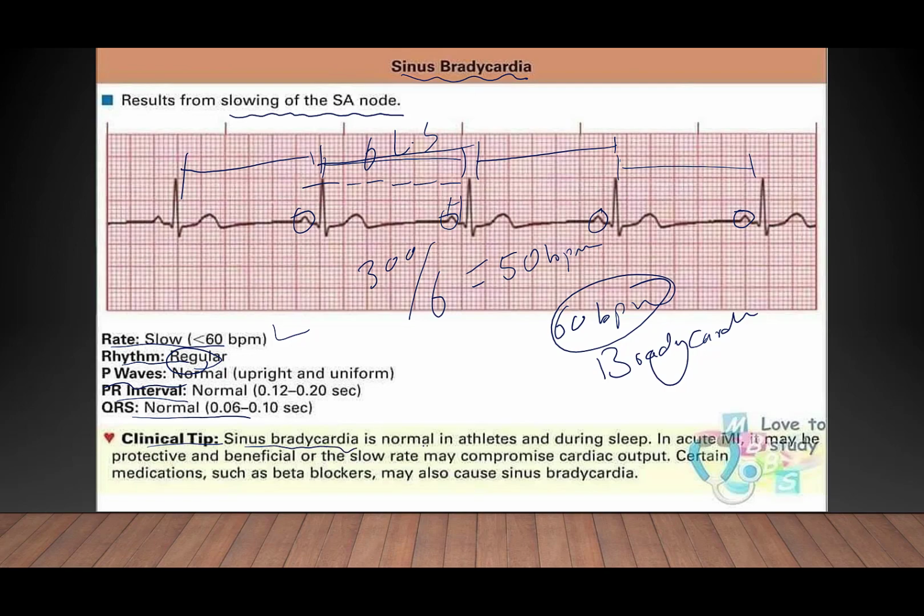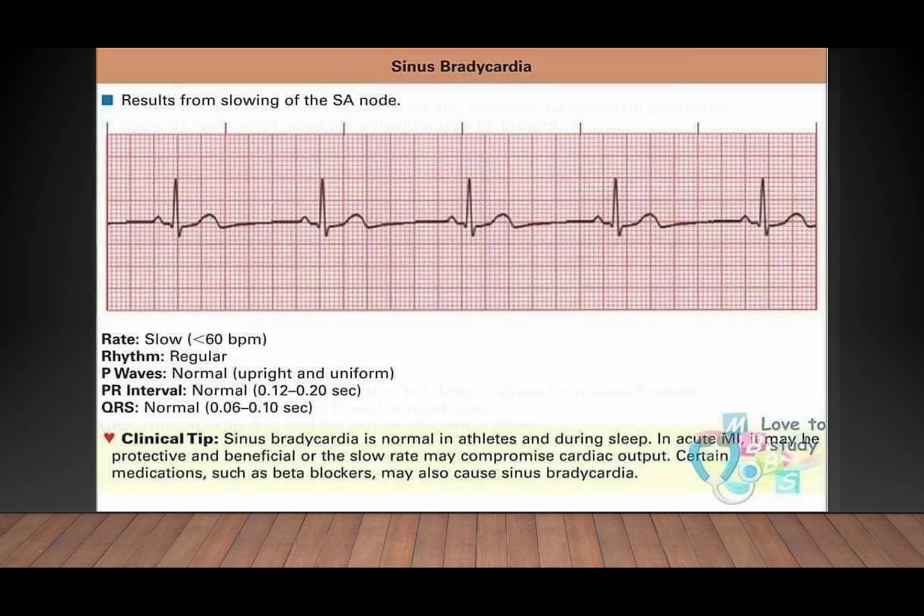Sinus bradycardia is normal in athletes and during sleep. In acute MI, myocardial infarction, it may be protective and beneficial, or the slow rate may compromise the cardiac output. Certain medications, such as beta blockers, may also cause sinus bradycardia.